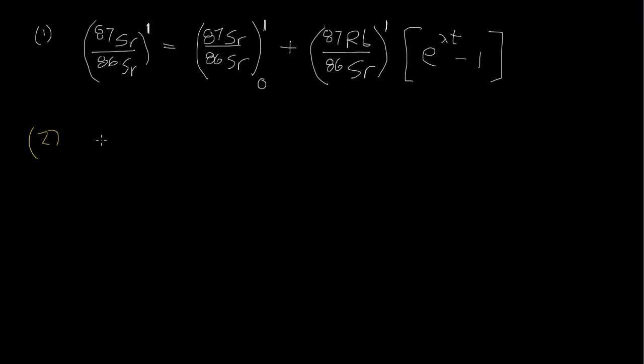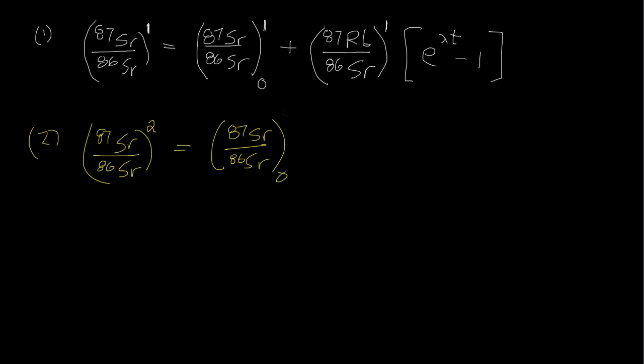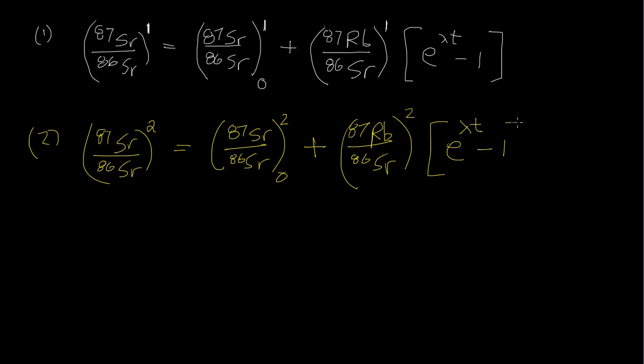So what we have for rock 2, or composition 2 I should say, is that 87 strontium to 86 strontium for rock 2, that's not squared, rock 2, equals the initial ratio of 87 strontium to 86 strontium for rock 2, plus the ratio of 87 rubidium to 86 strontium for rock 2 times e to the lambda t minus 1.